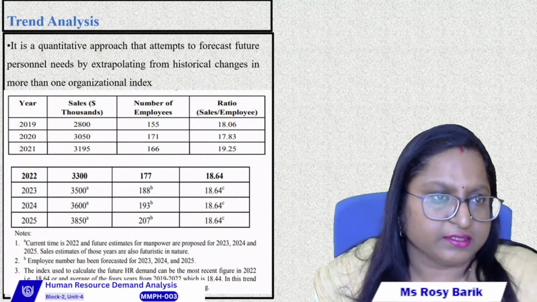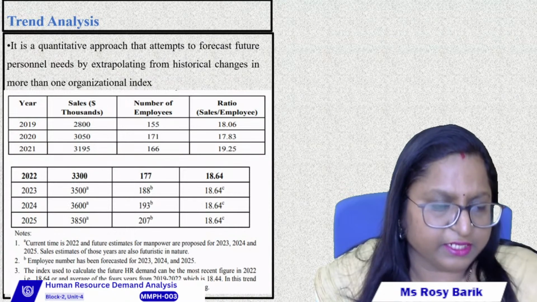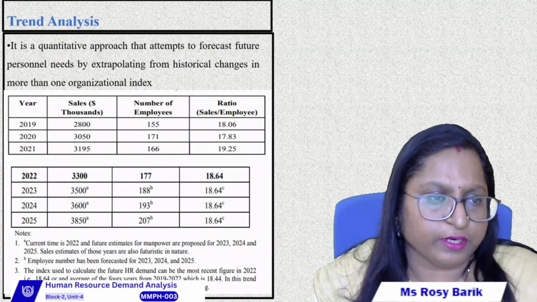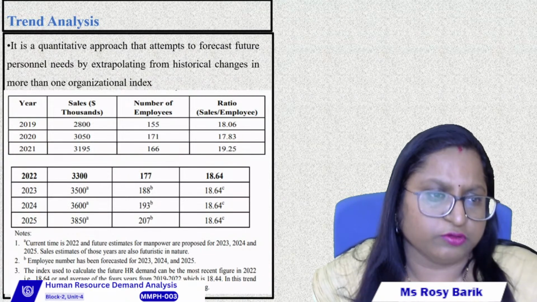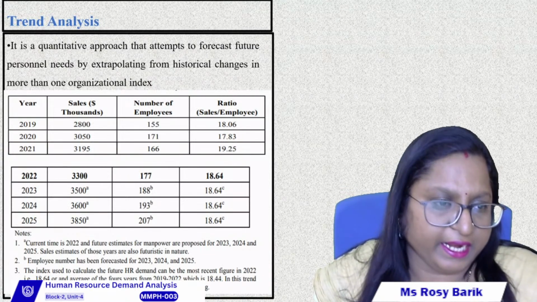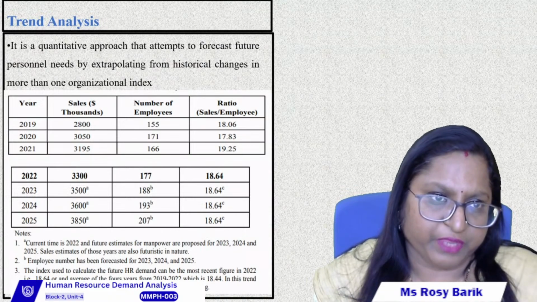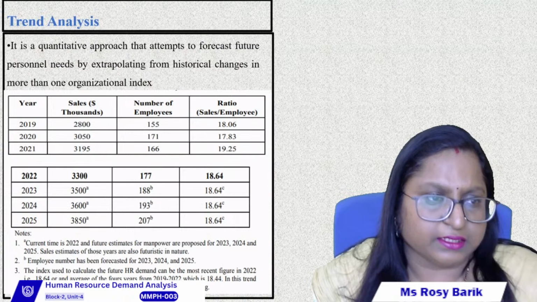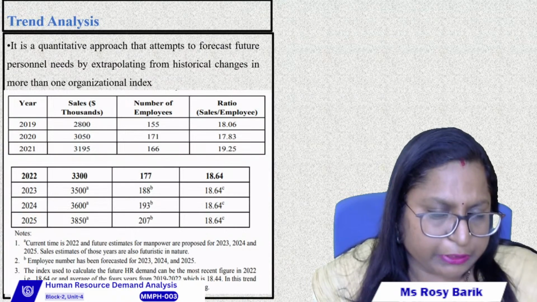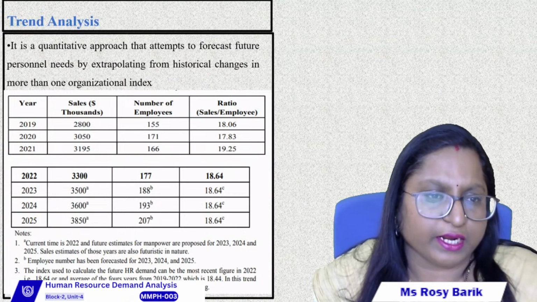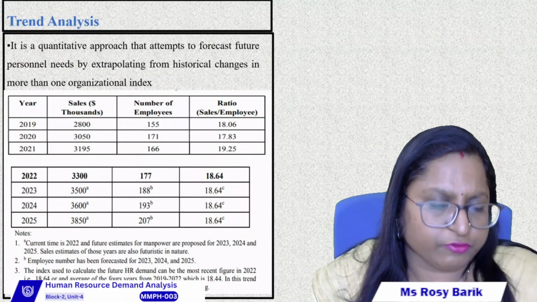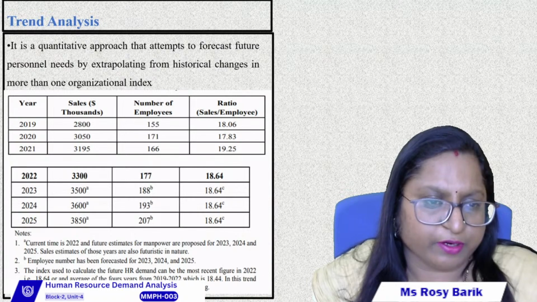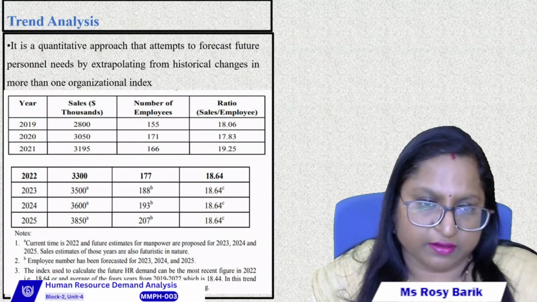The sales in 2023 is 3500, 2024 is 3600, 2025 is 3850, and the number of employees similarly in 2023 will become 188, in 2024 it will become 193, and in 2025 it will become 207.